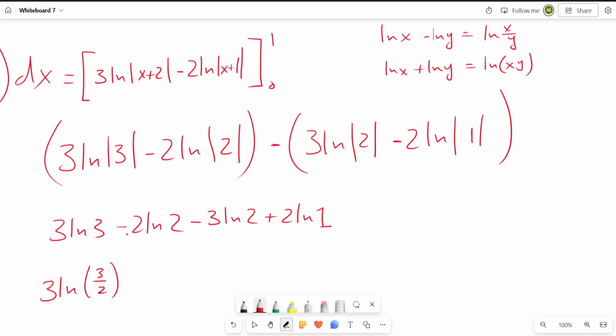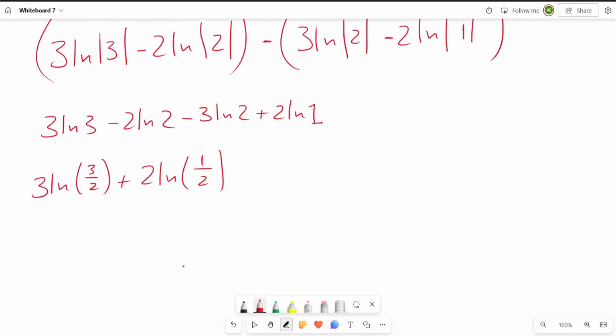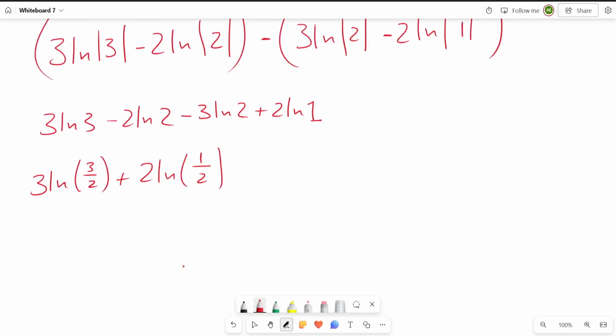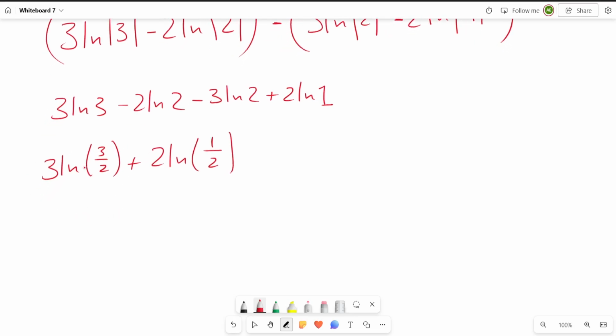And then this over here is 2 ln 1 minus 2 ln 2, so it's going to equal plus 2 ln of 1 over 2. So I can leave it like this. I can put it on the calculator and get a decimal value. However, I can simplify more.